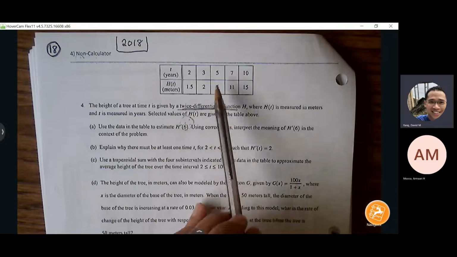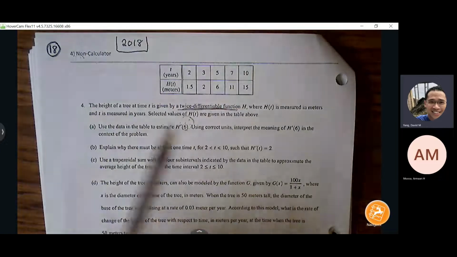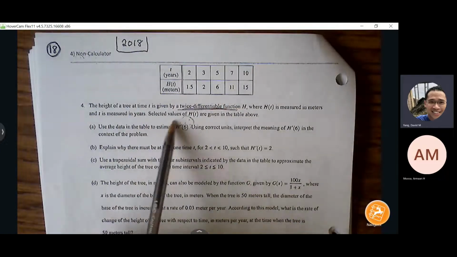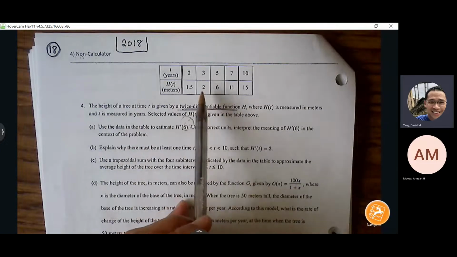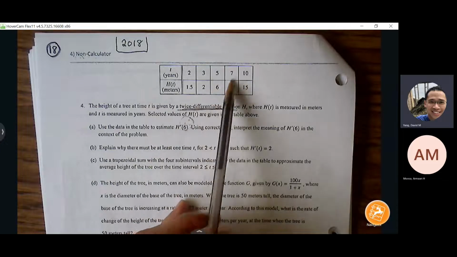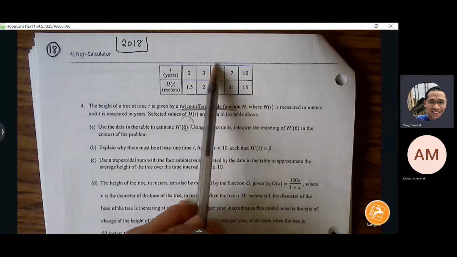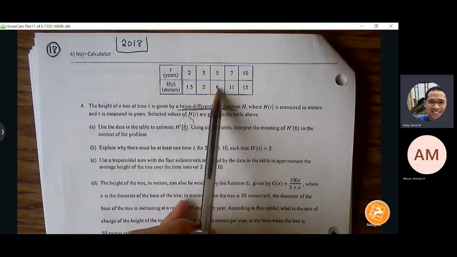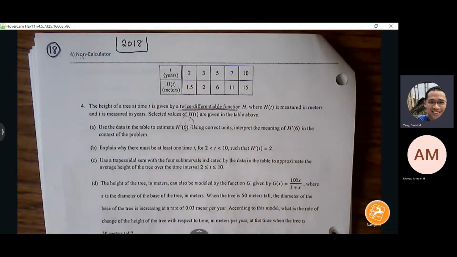If we had an h of t equation, we could find the derivative, but we don't. So the best thing we can do is find the slope using the two closest points, which are 5 and 7, and do change in height over change in years. That gives us our approximation for h prime of 6.